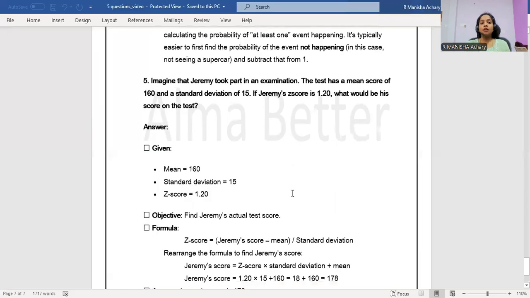Next problem. The question is: imagine that Jeremy took part in an examination. The test has a mean score of 160 and a standard deviation of 15. If Jeremy's Z-score is 1.20, what would be his score on the test?